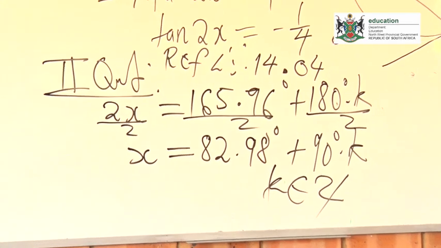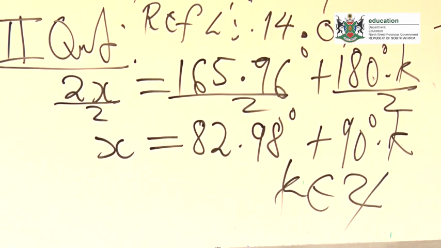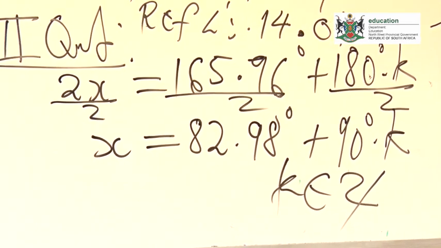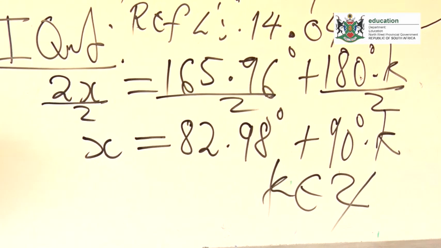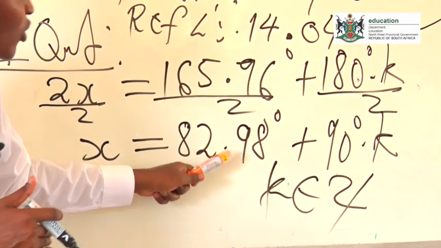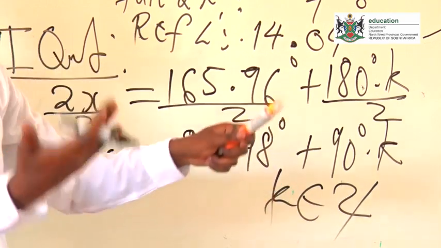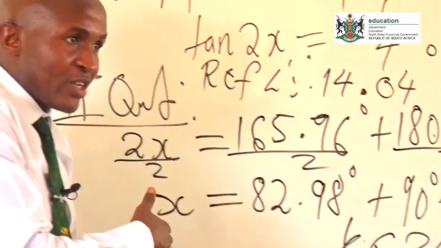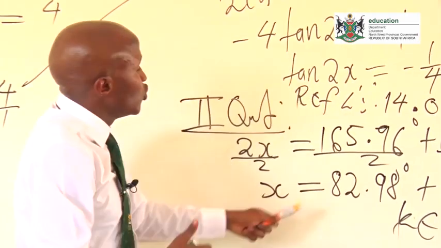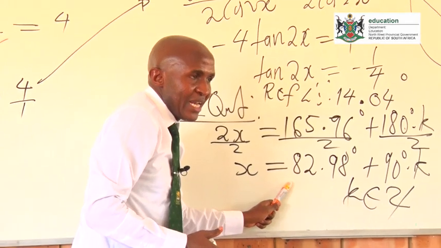Must I write the second equation? No, because it's included in the first. If it's tan, you are allowed to write only one general solution because the other solution is embedded in the first one. Do you agree? Yes. But you may not include plus minus, unlike cos.